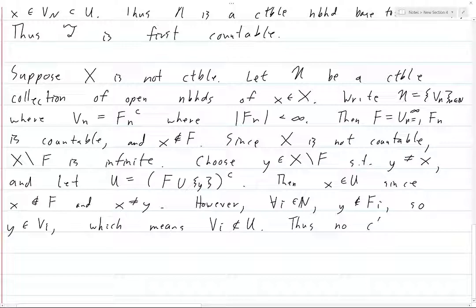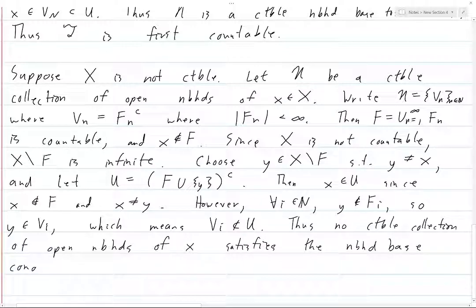Thus, no countable collection of open neighborhoods of X satisfies the neighborhood base condition for tau at X. Because it would need to be the case that for any neighborhood U of X, there is an element V in the neighborhood base such that X is an element of V, and V is contained in U. However, we've shown you can always find some U which does not contain any element of this countable set.